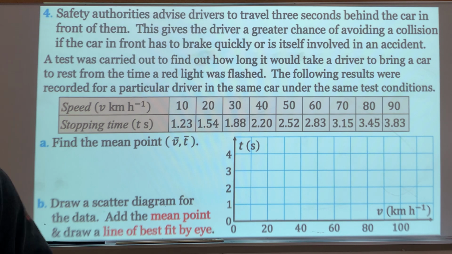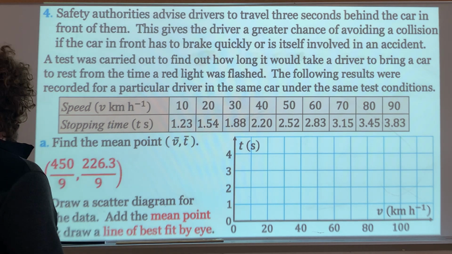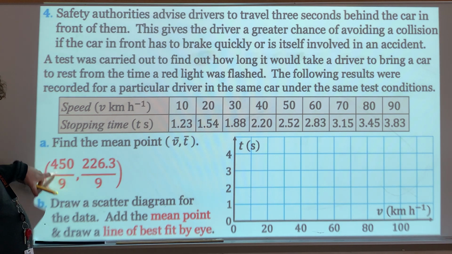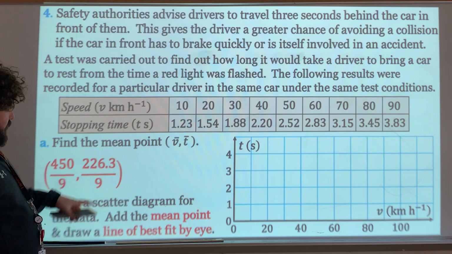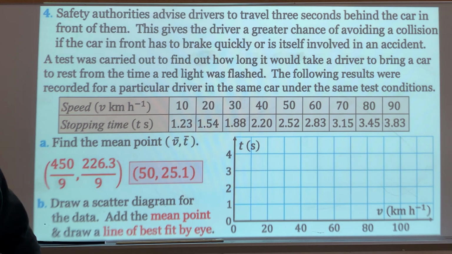Alright, so if you did it the long way, I added up all the numbers on top, got 450 divided by 9. All the numbers on bottom got 22.6 divided by 9. And I got 50, 2.51 as my mean point.